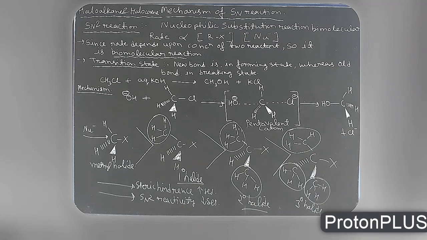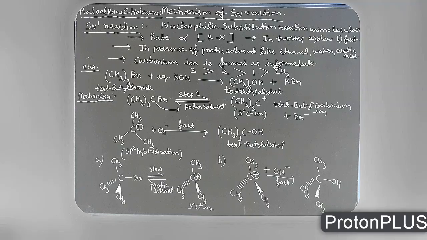So in terms of reactivity, we can say the rate is highest in case of methyl halide, and for 1 degree, 2 degree and 3 degree halide, this rate will decrease, and even for 3 degree halide, it is not reactive for SN2 reaction.